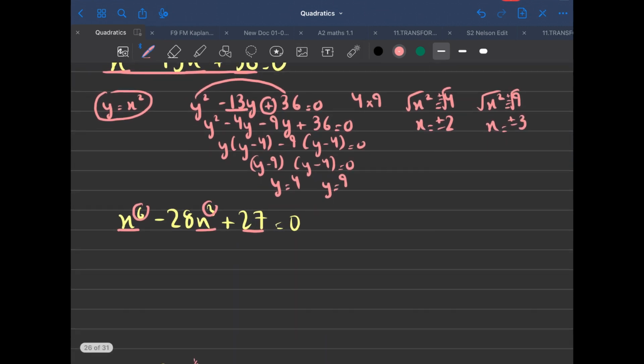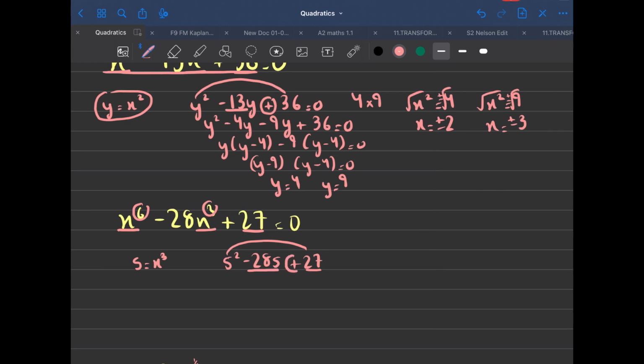Here, in this case, let's say s is equal to x cube. So it's going to become s squared minus 28s plus 27. How do you do middle term breaking? So what's written with s squared? 1. And this is 27. 1 into 27 makes what? 27.